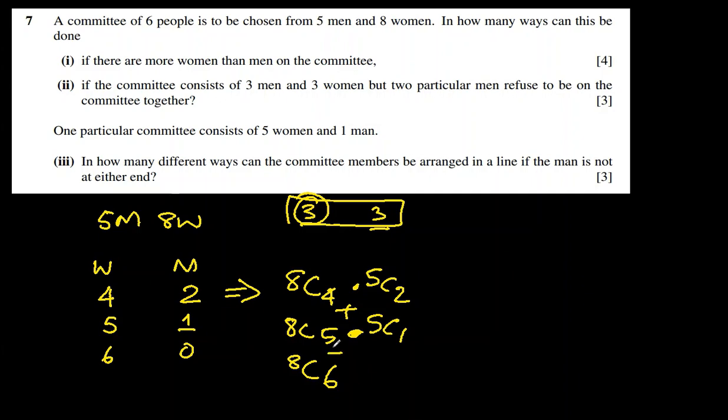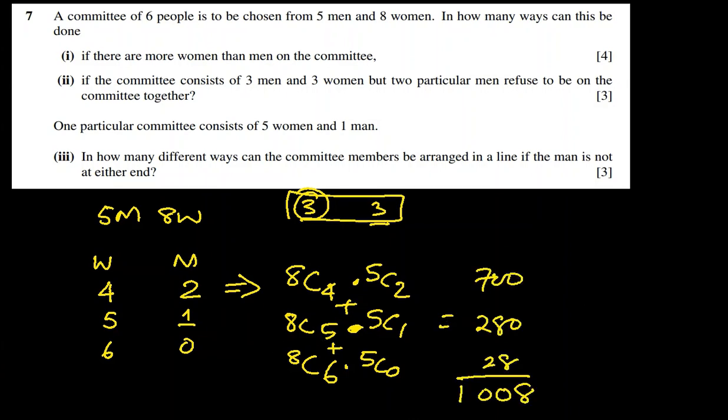So just add these 3. If you want to write 5C0, that's okay, because that is 1. So that will be your answer. I used my calculator and got 700, 280 and 28. Sum is 1008. Okay, let's move on to the second part.